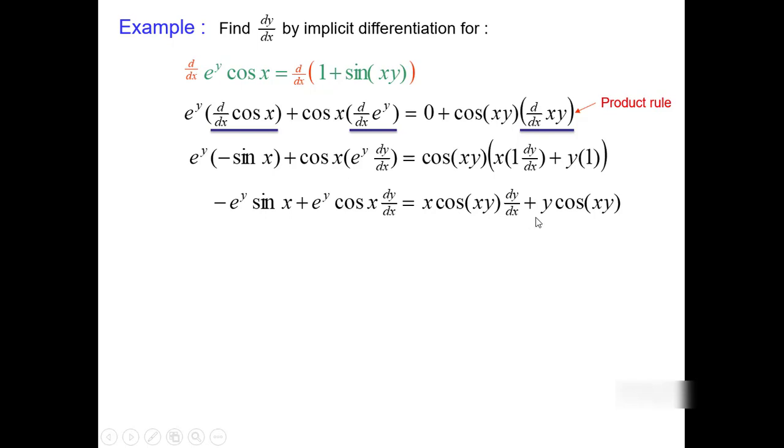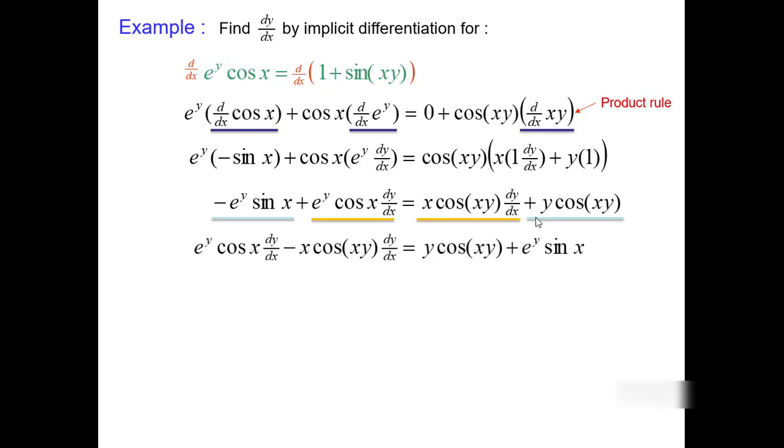Now you should realize that there's a few terms that have dy/dx and a few terms that don't have dy/dx. So we're going to shift the dy/dx terms onto the left side, and we're going to shift the non-dy/dx terms over to the other side. So we shifted x cosine xy dy/dx onto the left, and then we added onto the right e to the y times sine x.